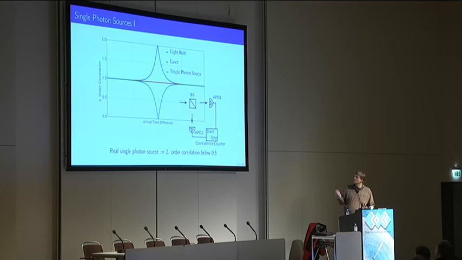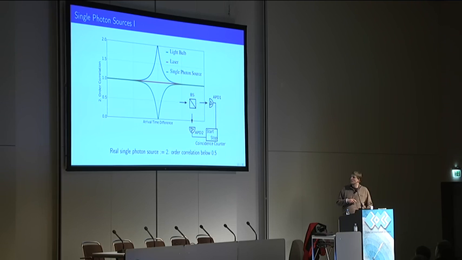The single photons, the true single photon source, which is perfect in theory, does anti-bunching. So as you can see, here's a certain time interval, and the probability that a second event is registered in this time interval is nearly 0.